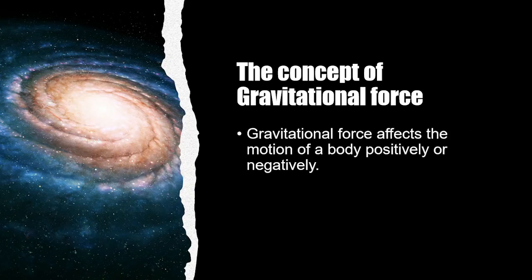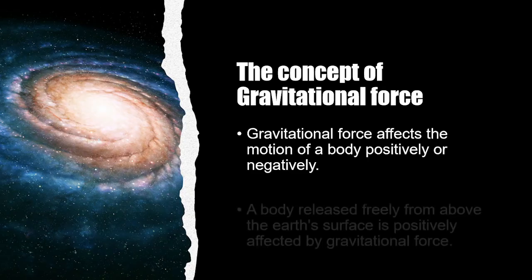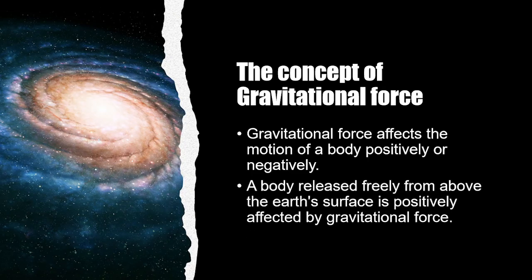Now, gravitational force affects the motion of a body positively or negatively. How does this occur? A body released freely from above the Earth's surface is positively affected by the gravitational force.